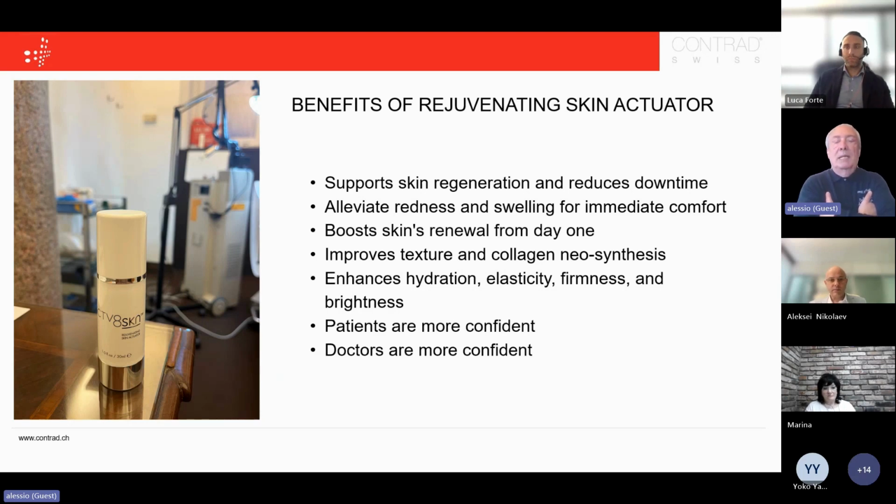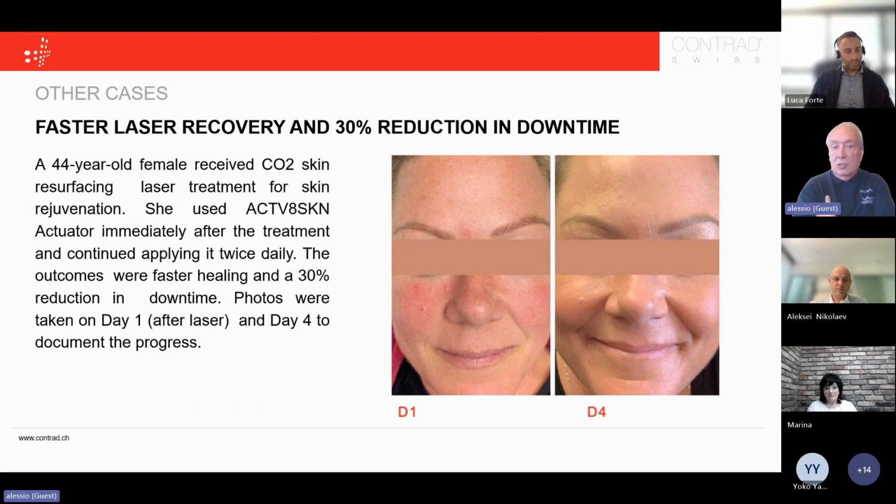We have, of course, many other patients. This patient, I treated directly, but we have many other case histories like this that had a recovery around 30% less using Activate Skin. Here you see day 1, and here day 4 after the procedure.